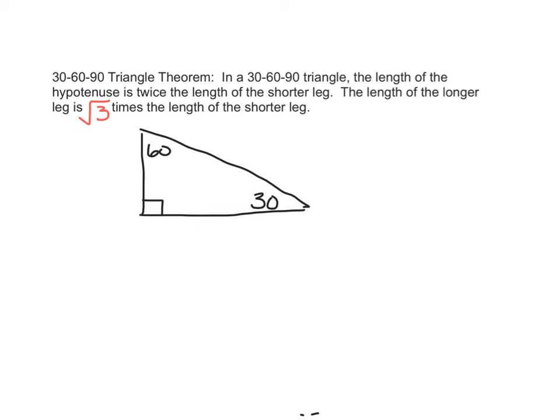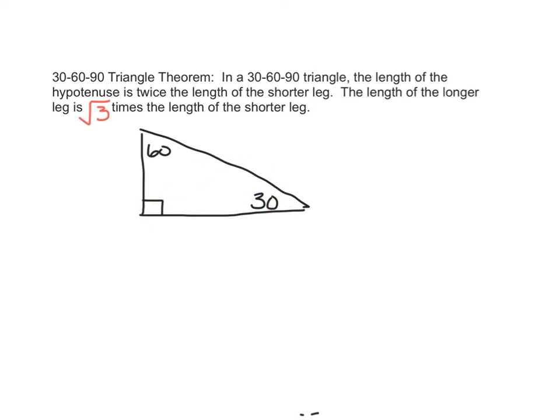It might be worth mentioning, since we've skipped over it in our class, that there's a theorem that says the longest side is always opposite the biggest angle, and as you go down, the shortest side is opposite the shortest angle, and the middle size angle is opposite the middle side. So looking at this triangle, the hypotenuse is always the longest, so that's always opposite 90.